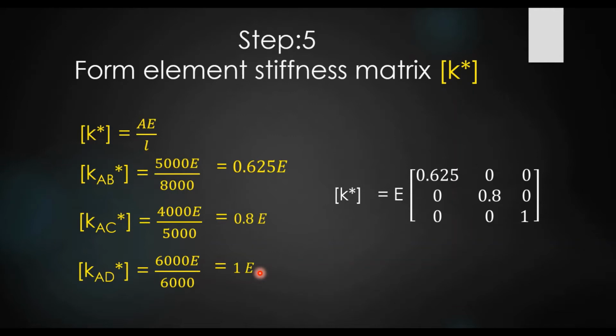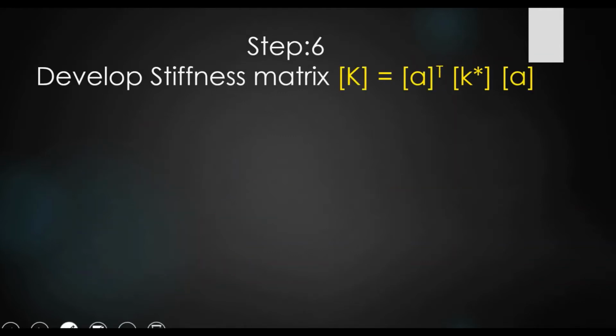So we can develop the element stiffness matrix of the structure by using these values. Okay, so the element stiffness matrix is E into 0.625, 0, 0, 0.80, 0, 0, 1. Here we have the value of E, but I am not substituting it just because I don't want to complicate this matrix. Okay, just keep it as it is. We will give the value of E in the last step.